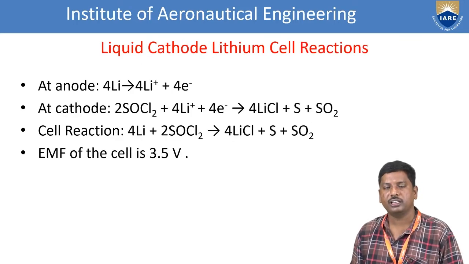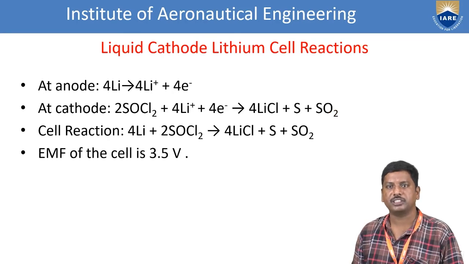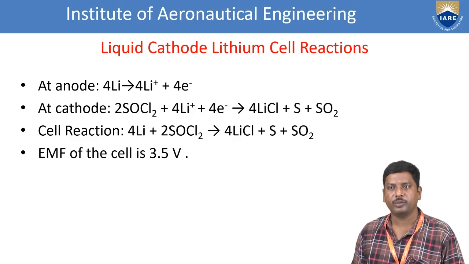And what reactions take place in the liquid cathode lithium cell? At the anode, lithium undergoes oxidation with the loss of 4 electrons. At the cathode, the thionyl chloride absorbs those 4 electrons and converts into lithium chloride with byproducts of sulfur and sulfur dioxide.